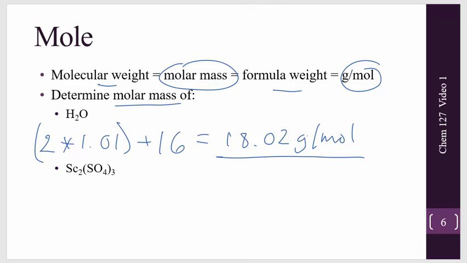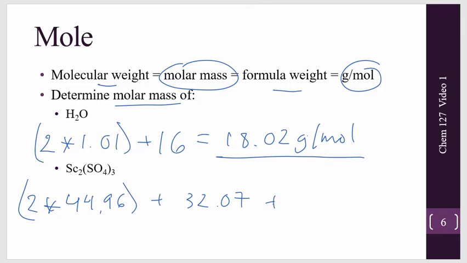For some other molecule, I picked another chemical formula here, more complex. We have 2 scandium atoms, and then this whole group is a sulfate, SO4, and there are 3 of them present for every 2 scandium atoms. So let's go ahead and find Sc on your periodic table. We've got 2 of those, and its weight is 44.96. Then we've got the sulfur, and we have the oxygen.